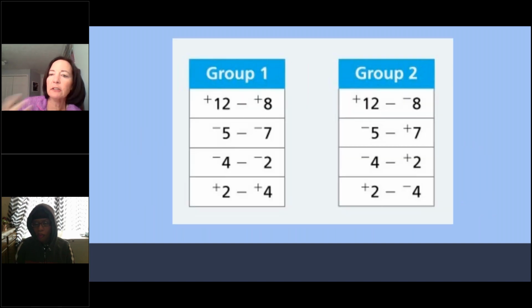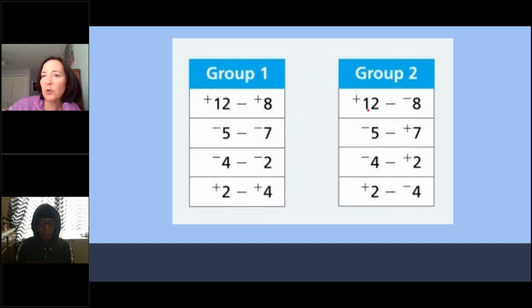So now we're going to learn how to do the subtraction problems. We're going to break them into two groups. Group 1, we're subtracting in all of these problems, but we're always subtracting a positive minus a positive or a negative minus a negative. So we're going to call group 1, the signs are the same.